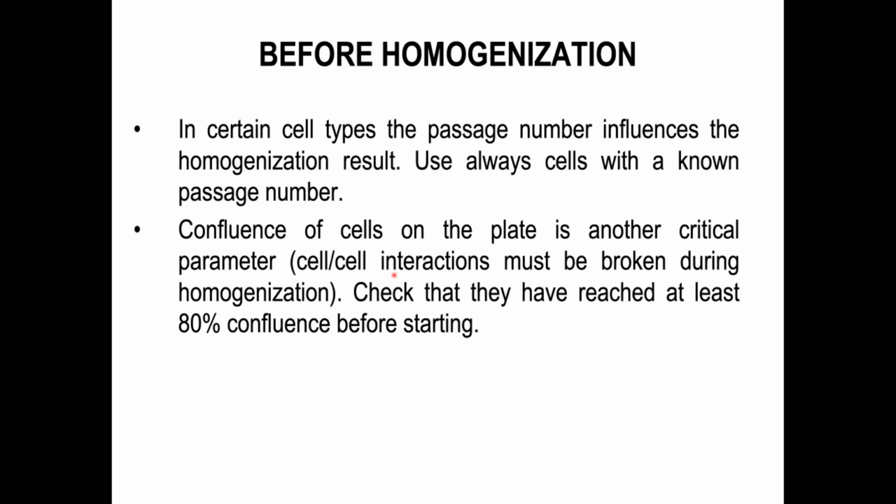And you can imagine that when you over-homogenize your cells and break up the nucleus and the DNA starts leaking out of the nucleus, this little slimy piece of genetic information will, in a very unpredictable way, trap organelles because it simply glues everything together. Cytoskeleton parts, membrane parts, organelles are accumulated in a very unreproducible way in this protein sink, so to say, that you generate. And this should be avoided.